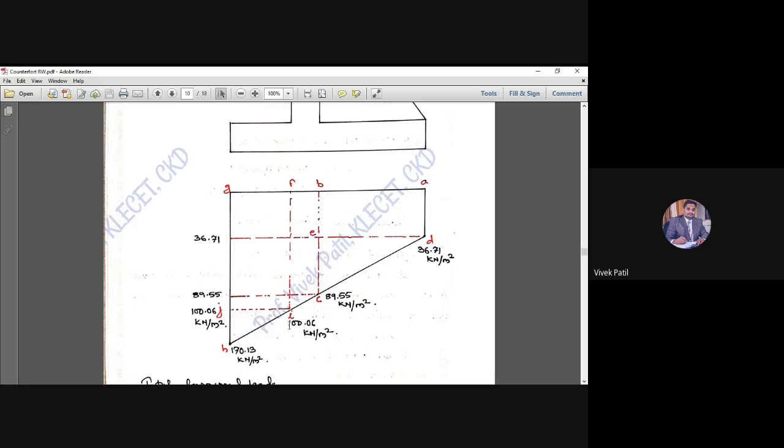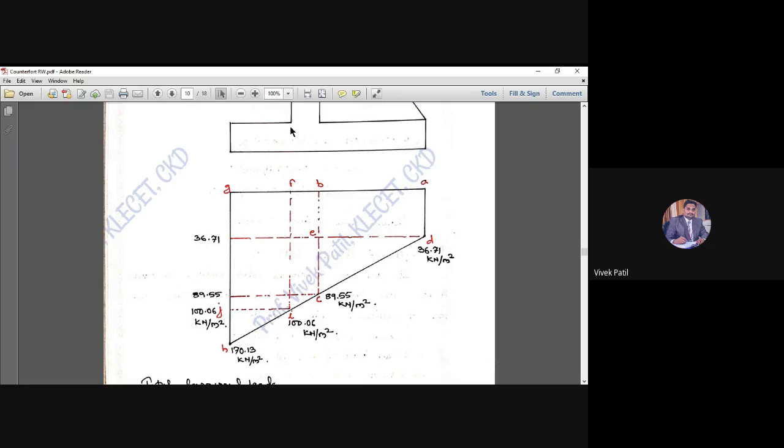If the pressure at I is equal to 100.06, what will be this distance, G to J? So 1 into 100.06, again 100.06.